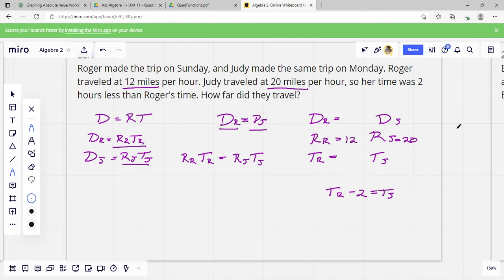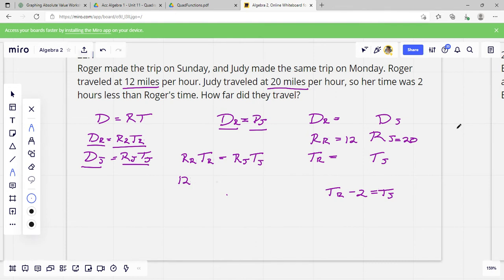Because we're just using substitution, right? So if we took this equation and we said the distance of Judy is the rate of Judy times the time of Judy, and we just replace that for the distance of Roger, okay? Now we can start filling in some of these numbers that we actually know. So rate of Roger, that's 12.